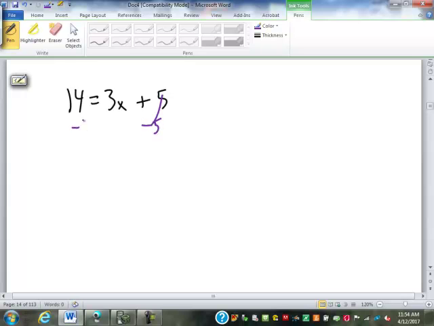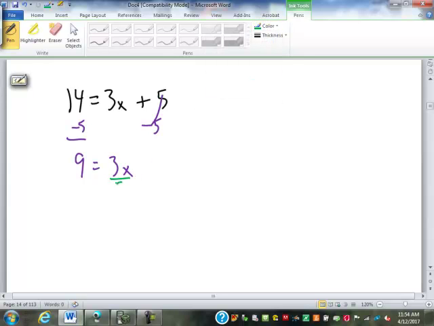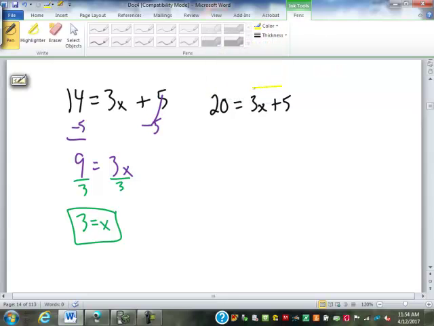Subtract 5, good. So 9 equals 3x. And then divide by 3. So 3 equals x. We might have an equation 20 equals 3x plus 5. Well, we look at that because of the way it's structured. This side over here is exactly the same as this side over here.